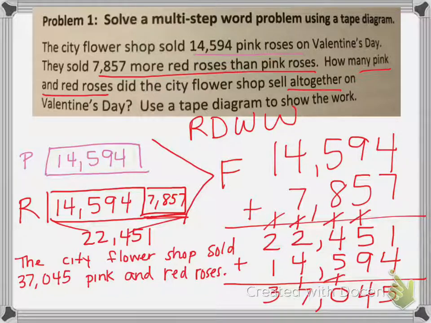Now I shouldn't spell anything wrong in my statement because I have the word pink up in my question, I have the word red up in my question, I have the word roses, I have the word flower, I have the word shop. If you wanted to include the word altogether, the city flower shop sold 37,045 pink and red roses all together, you would look right at the question, you'd be able to spell that as well.